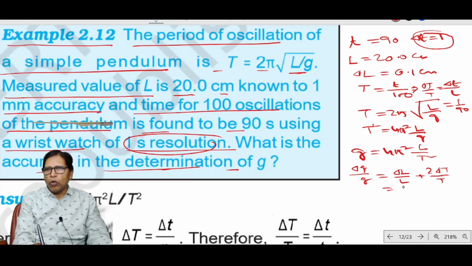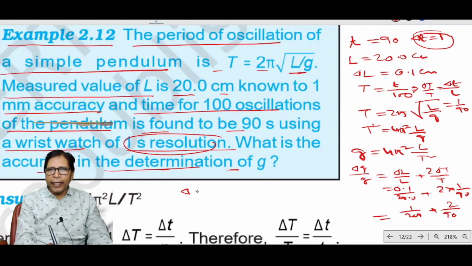Now put the values: 0.1 by 20.0 plus 2 into 1 by 90. So this is 1 by 200 plus 2 by 90.